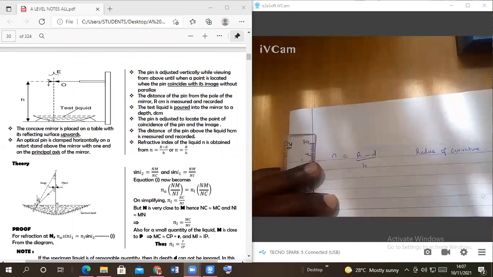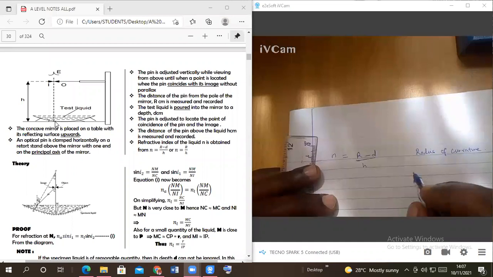If the image and the object are at the same point, then that point is the radius of curvature. Whenever you place an object and that object forms an image at the same point, then that point is the radius of curvature. So the distance from O up to the bottom here is what we call the radius of curvature. Now, R is the radius of curvature.